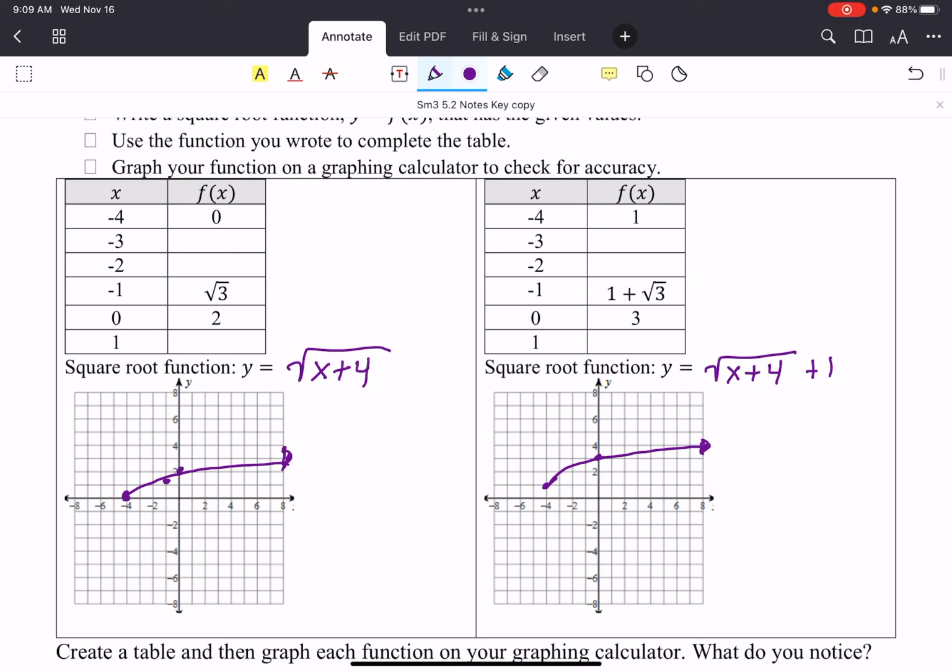Did it work? So does it not have an x-intercept?